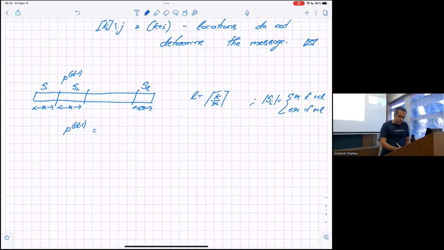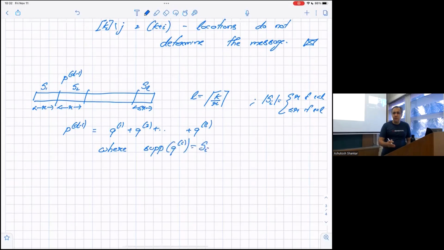And P_{d-1} I'm going to write as Q1 plus Q2 plus up to QL, where the support of Q_i is exactly S_i. All I'm doing is taking the vector and zeroing out everything outside S_i, calling that Q_i. That is the definition of Q_i. It's almost obvious. There are a lot of words, but that's Q_i.